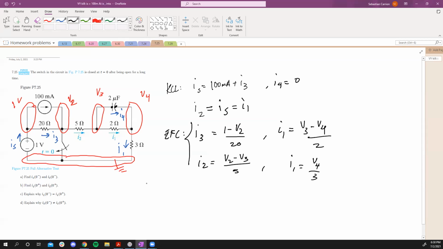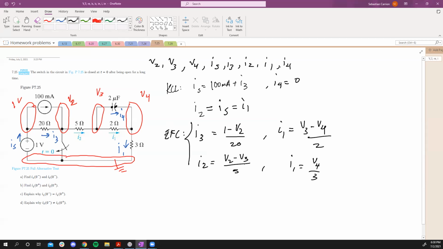Our variables are going to be V2, V3, V4, IS, I3, I2, I1, I4.